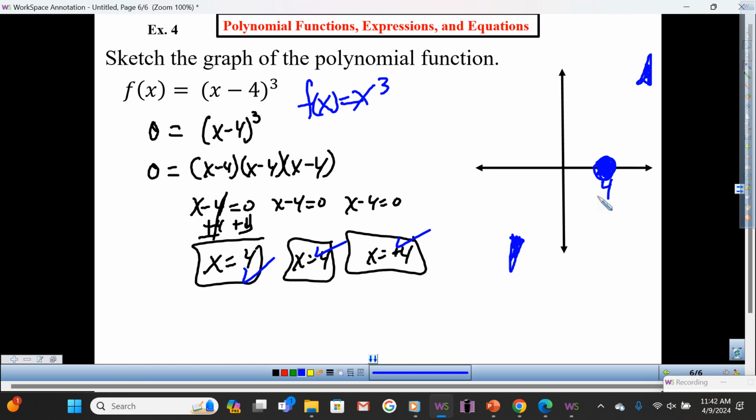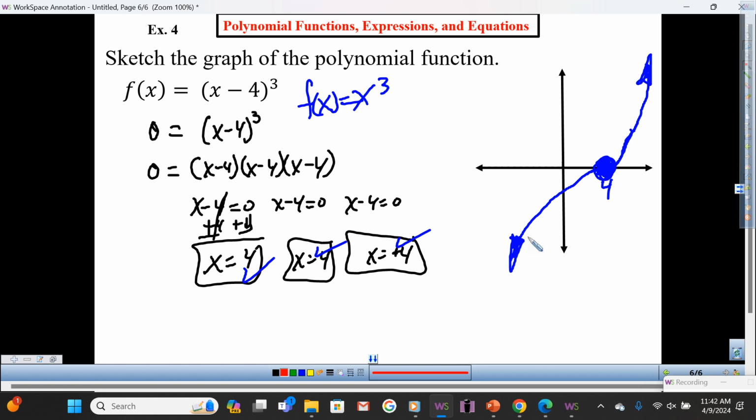Okay. Now check this out. This one's a tiny bit different. Look up. Remember when it was a double root, we bounced off it? So look at this one. We actually make it through, but it starts on the left side and does a little wiggle in between, and then it goes through.